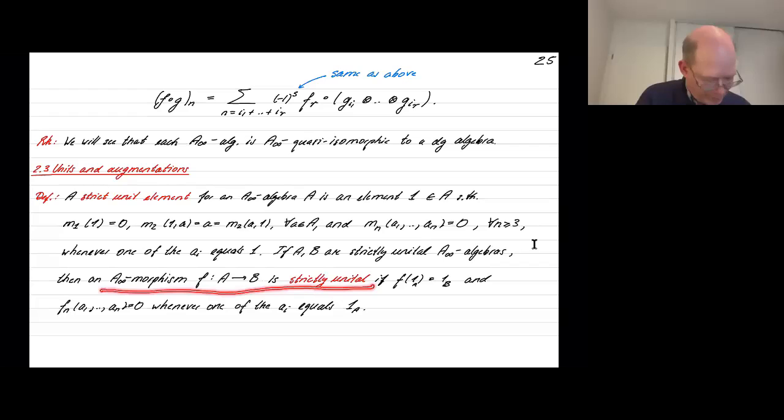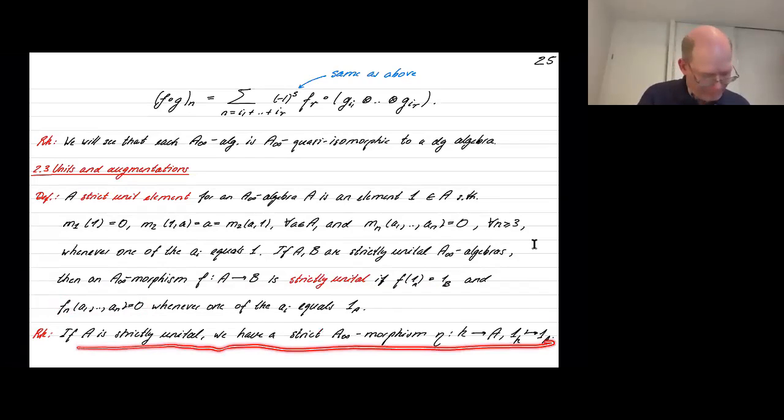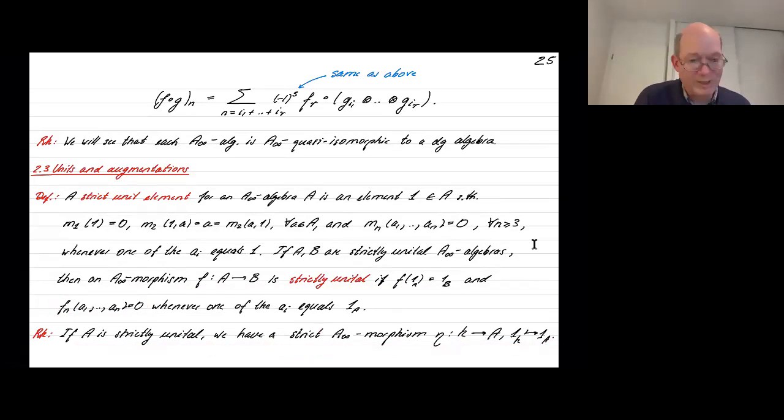It's a morphism which takes the unit to the unit. And again, in the higher components, the unit doesn't interfere: the higher components of F vanish whenever one of the arguments equals the unit of A. Just a remark, if A is strictly unital, then as in the case of usual algebras, we have a strict A infinity morphism from K to A, which sends 1 to 1.